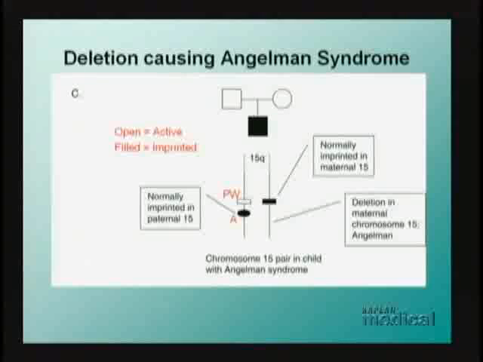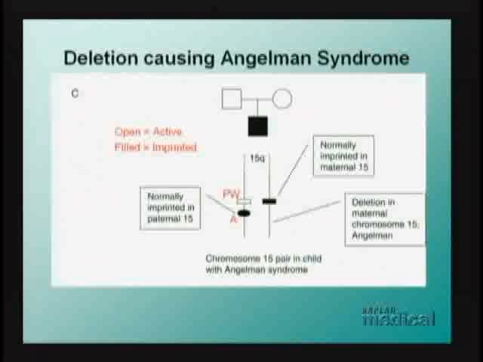However, remember that males methylate, imprint, and turn off the Angelman gene as they are producing their sperm, and so the child does not inherit any functional copies of the Angelman gene. The Angelman gene was missing in the chromosome that comes from the mother. It's turned off in the chromosome that comes from the father. Since the child has no functional copies of the Angelman gene, the child will develop Angelman syndrome.